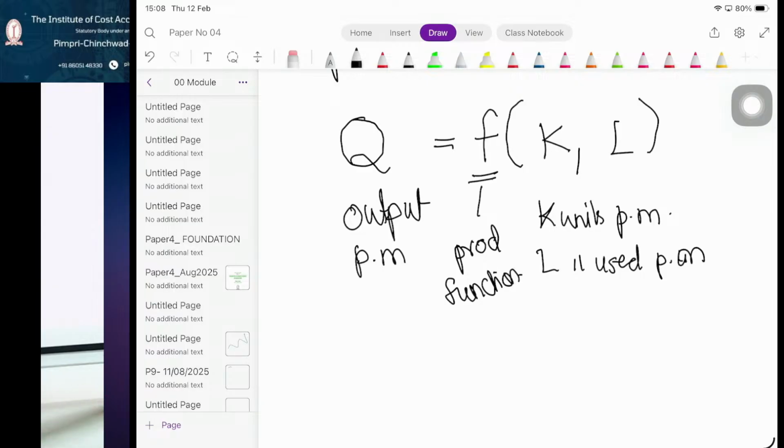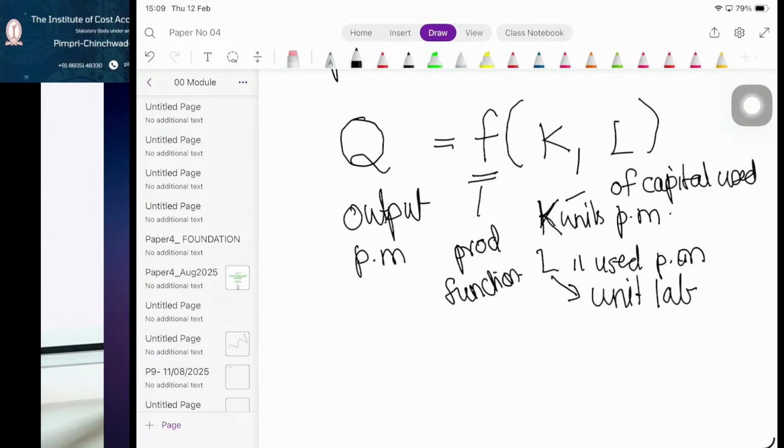Okay. K, the capital K, stands for units of capital used in the production process. And L stands for units of labor. Another factor of production sometimes is land.